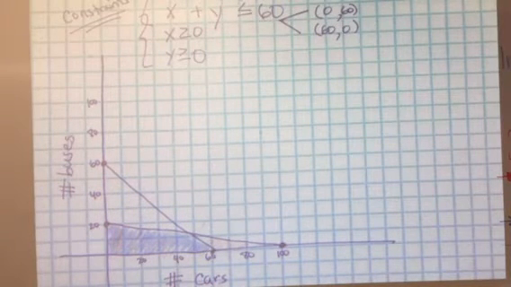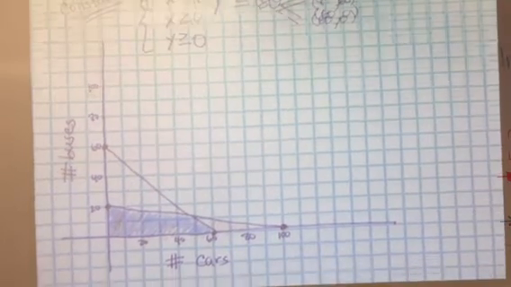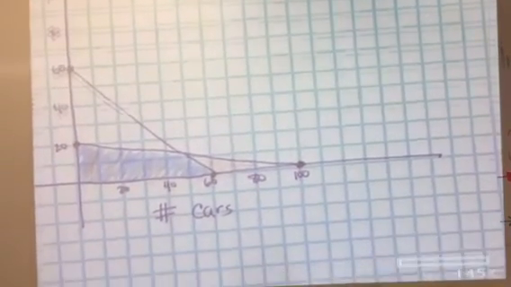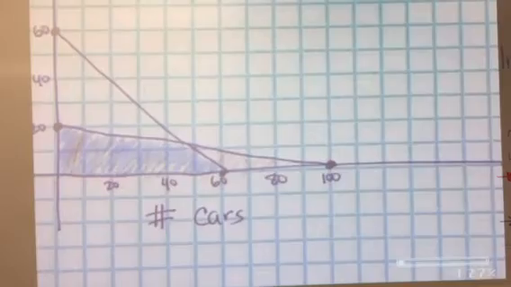But we're not only trying to find a solution, we're trying to find the best solution to maximize profit. In order to do that, we want the intersection points of the vertices.